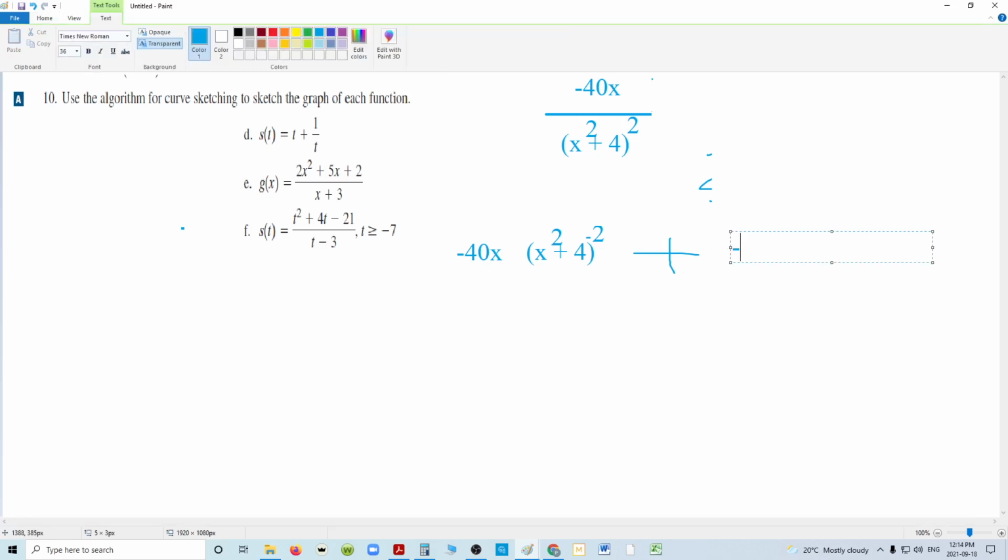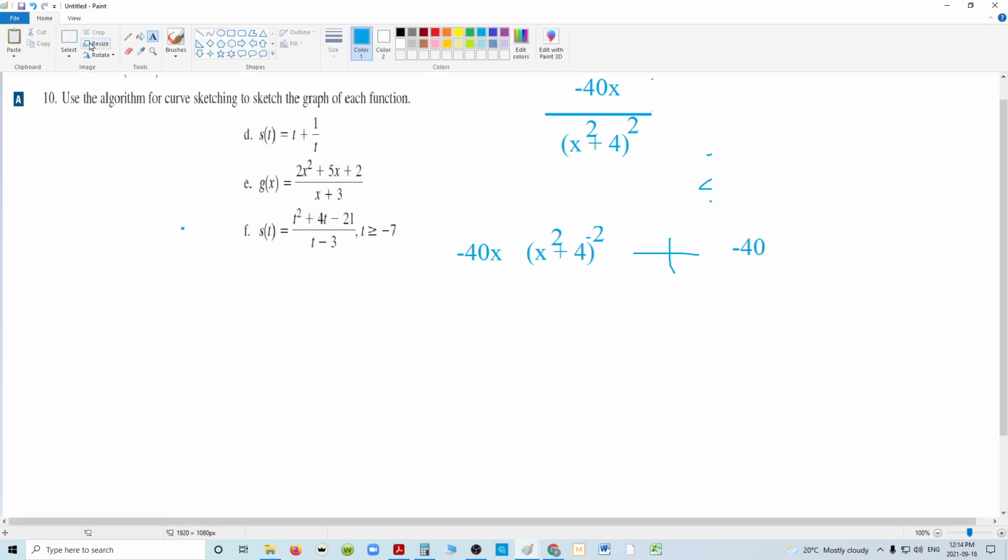So this next one is just going to be minus 40 over that, because you don't take the derivative from that one. And it's just a question of finding the derivative of this. It's obvious to me, anyway, that it's going to be down here to the negative 3.